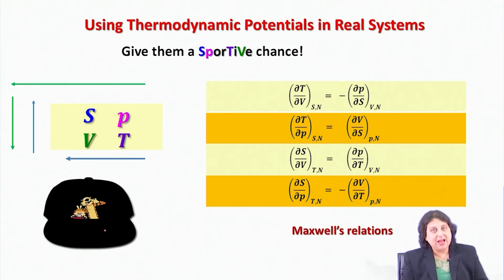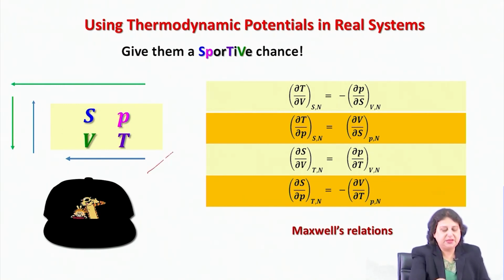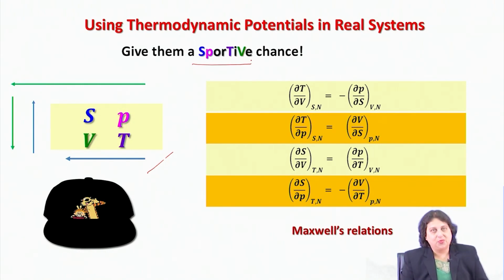So for this, I have taught you this very simple mnemonic, sportive, and I have shown you how to derive the Maxwell's relations just by looking at this picture where SPTV reminds you of this particular word, sportive.